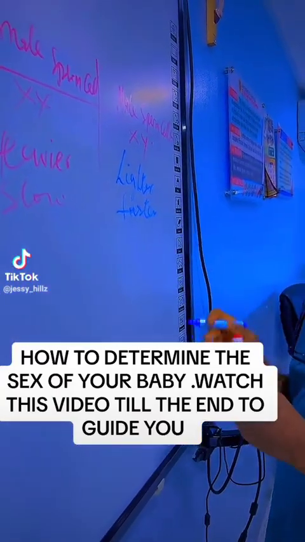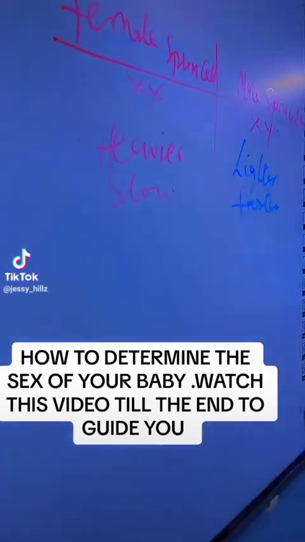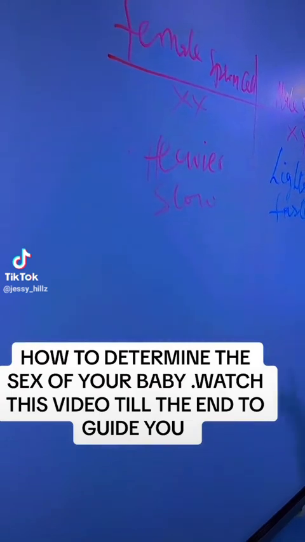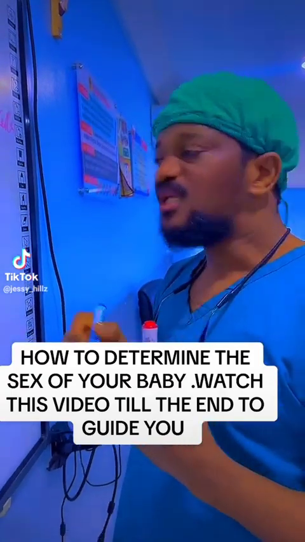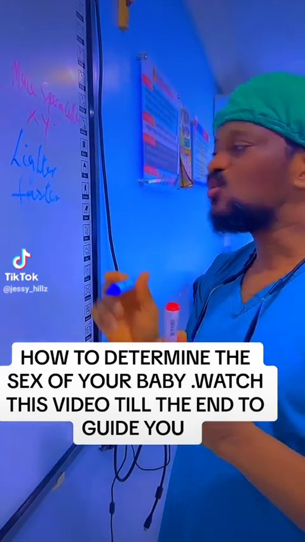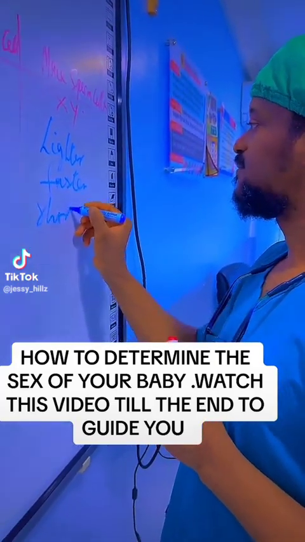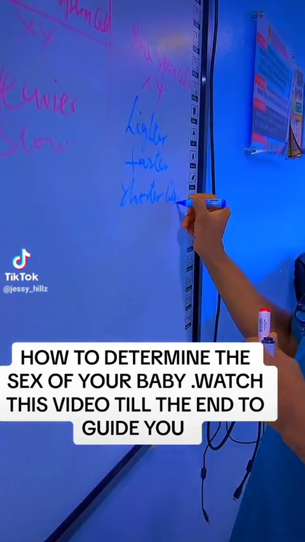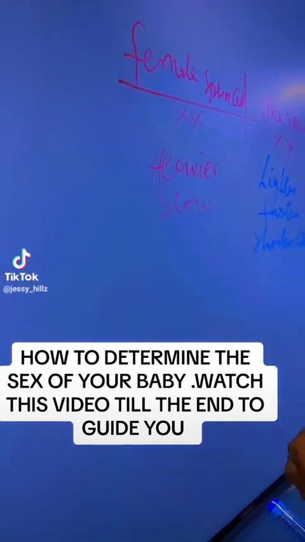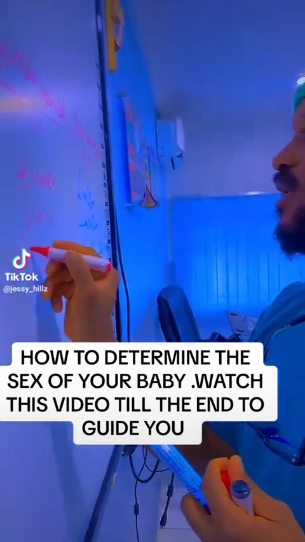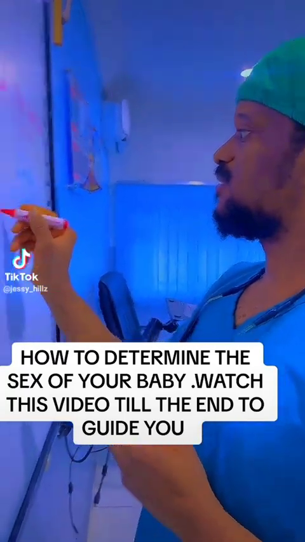So the female sperm cells are heavier and slower in movement compared to the male sperm cells, which are lighter and therefore faster. Then the third component we are going to add is their lifespan. Because the male sperm cells are lighter, they also live shorter, so they have a shorter lifespan compared to the female sperm cells, which have a longer lifespan.